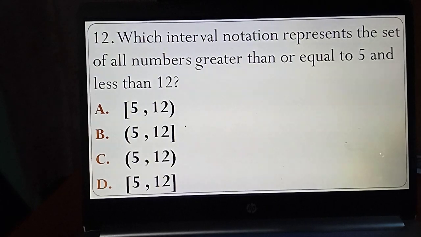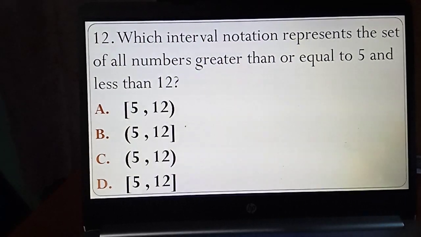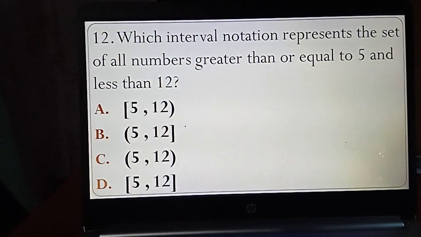Which interval notation represents the set of all numbers greater than or equal to 5 and less than 12? Here, we use bracket and parenthesis at the ends of the interval. The bracket means included, that is, equal.